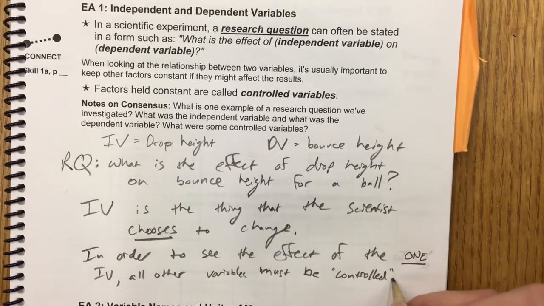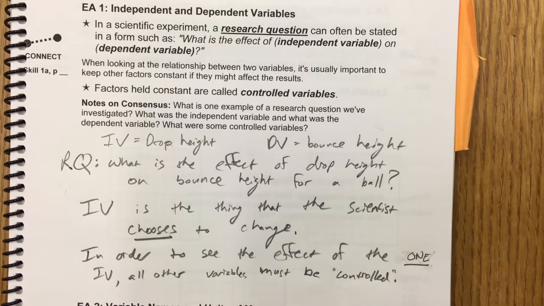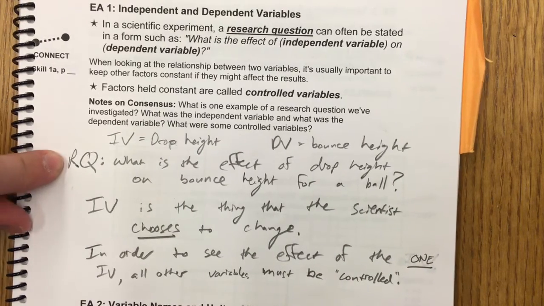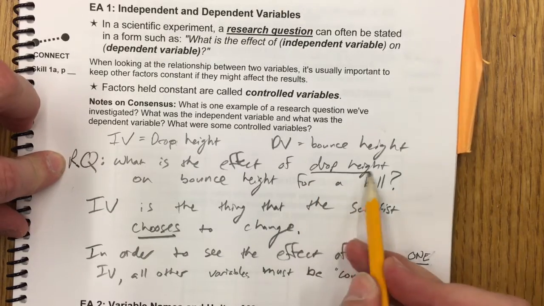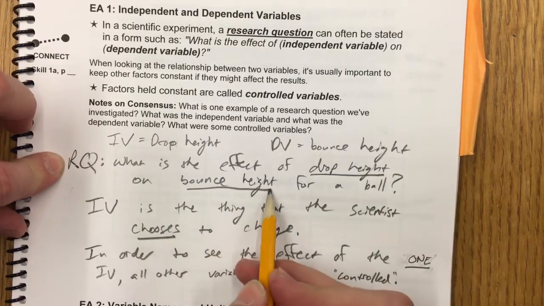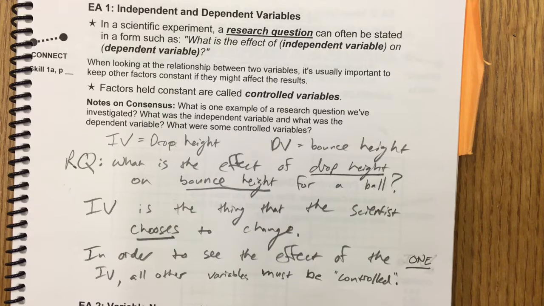That is, held constant. So this is an example of one research question. What is the effect of drop height on bounce height?